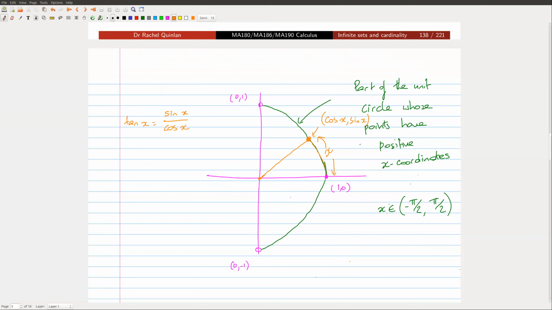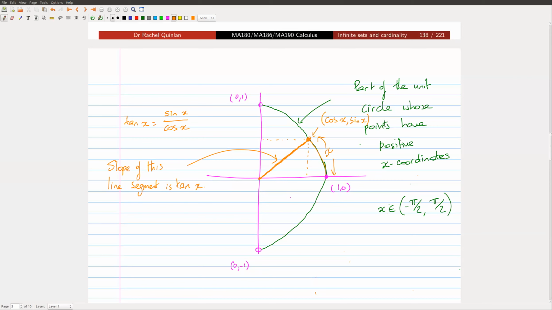Sine of x is the vertical height of that point above the x-axis. Cosine of x is its horizontal separation from the y-axis. And so sine x over cosine x is just the slope of this line segment. So the slope of this line segment is the tan of x.